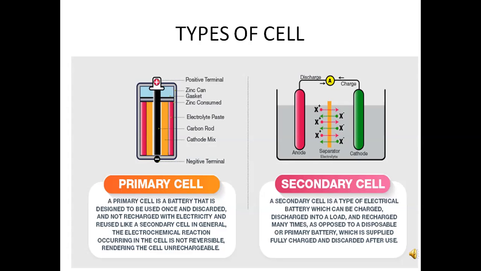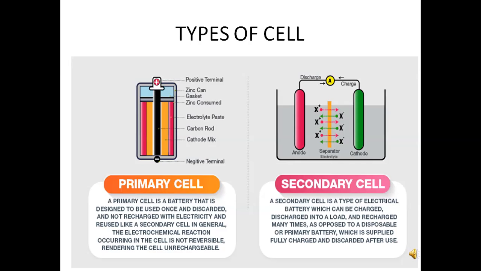A primary cell is a battery that is designed to be used once and discarded, and not recharged with electricity and reused like a secondary cell. So we can use it once only.